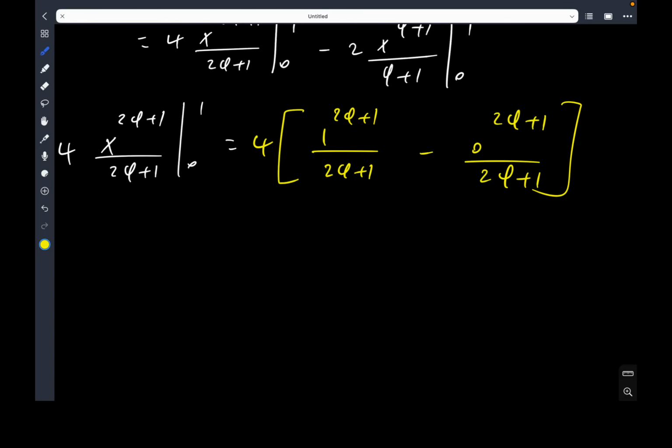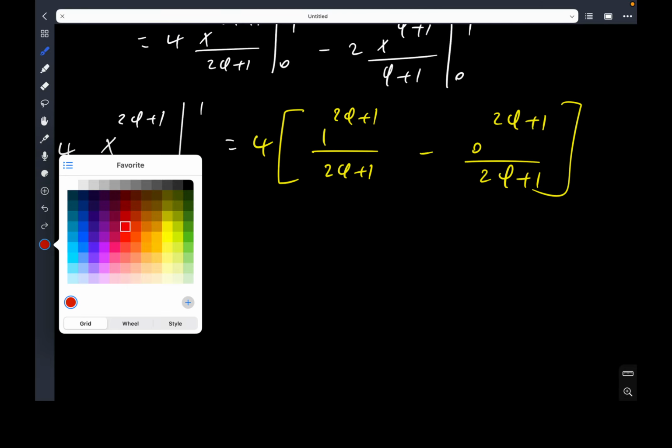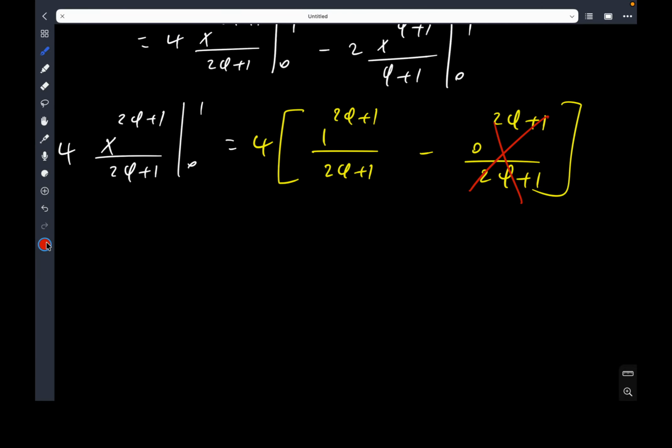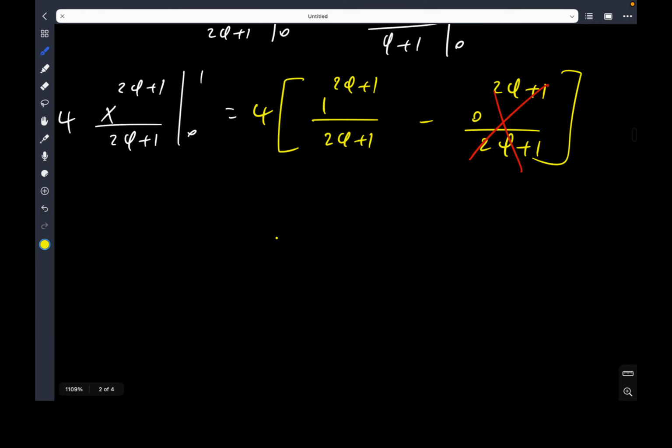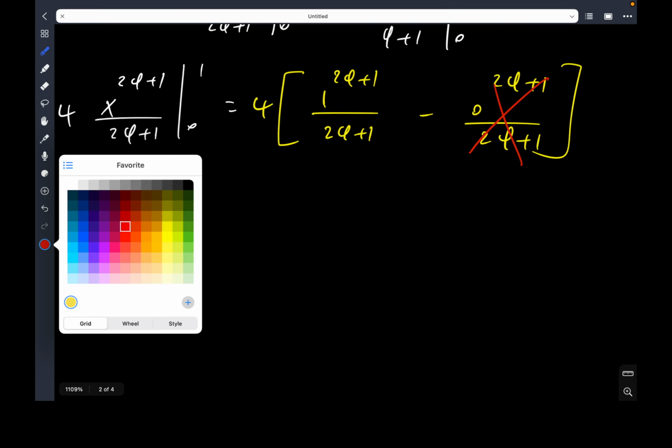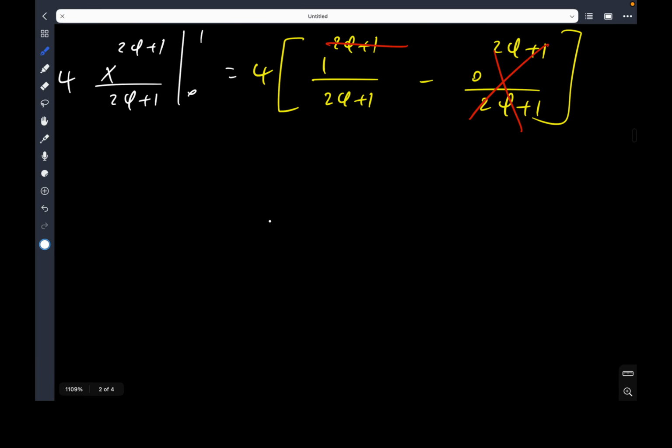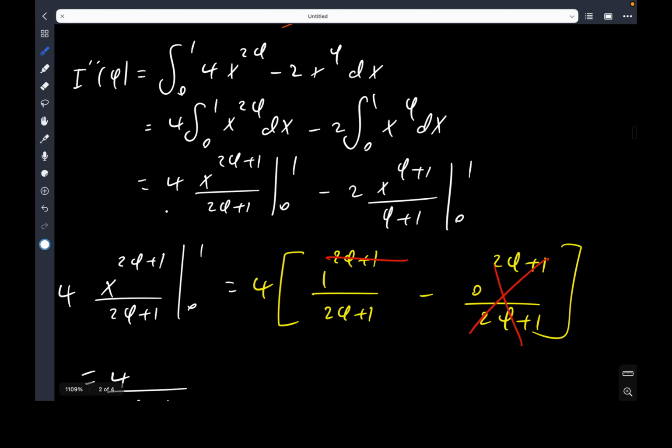0 to any power is 0, so I'm going to cancel out this one, and 1 to any power is 1, so I cancel out this as well, and thus I'm going to have 4 over 2 phi plus 1.